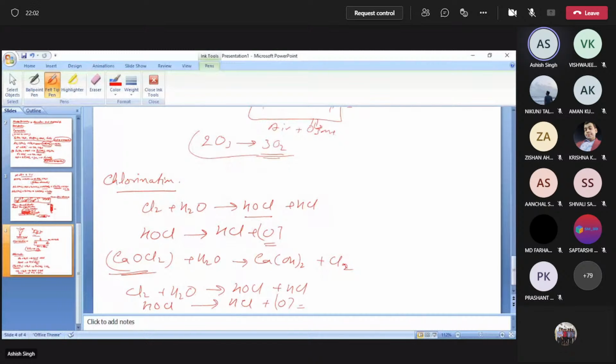The price is based on the quantity of available chlorine from it. When the amount of chlorine liberated from a sample of bleaching powder is considered, excess dilution HCl increases. This is a demerit of this one.